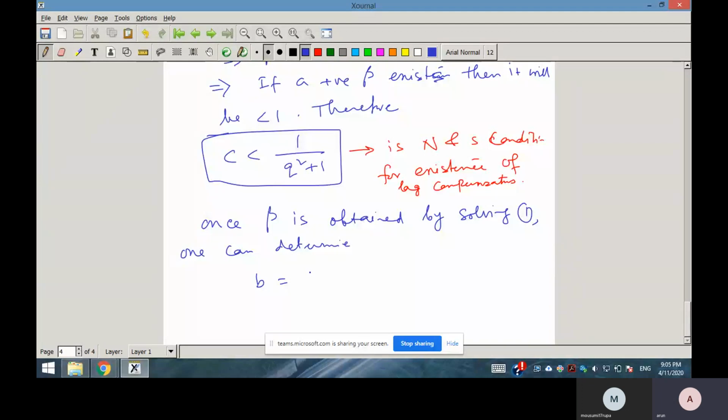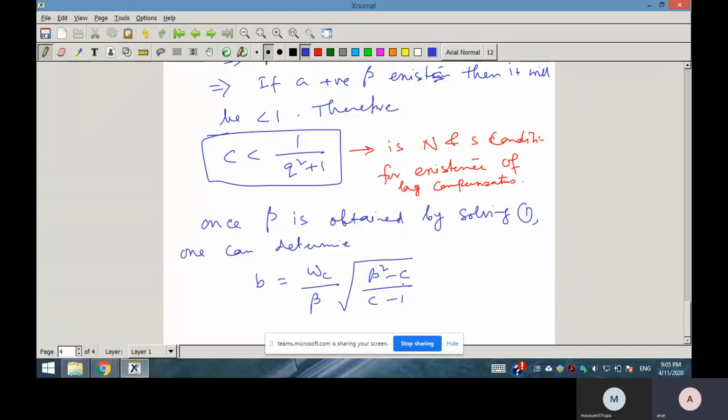We have used the same equation for computation of A, and here we have termed that one as B. So omega c by beta, the same derivation, beta square minus c divided by c minus 1.